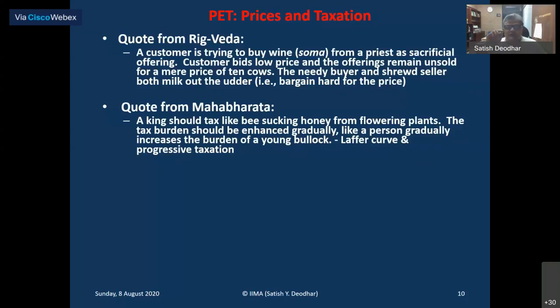When you're saying that tax should be collected like bees sucking honey from a flowering plant, look what's happening. The bloom of the flower is not gone. The beauty of the flower is not gone despite the honeybee sucking the honey. And in fact, it is leading to pollination. That means in the following season, you will have more fruits and flowers, right?